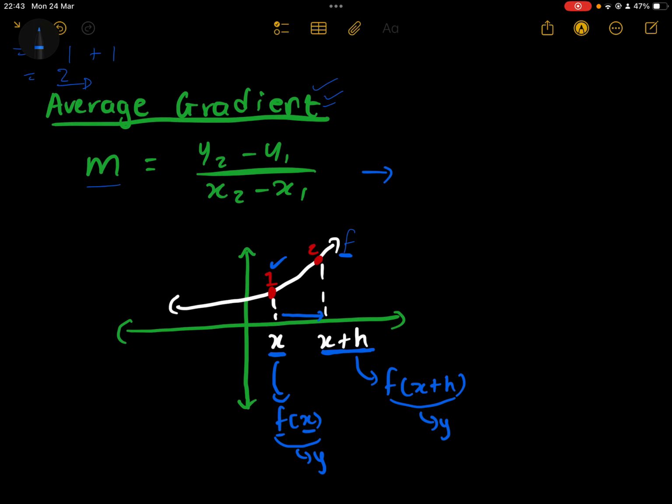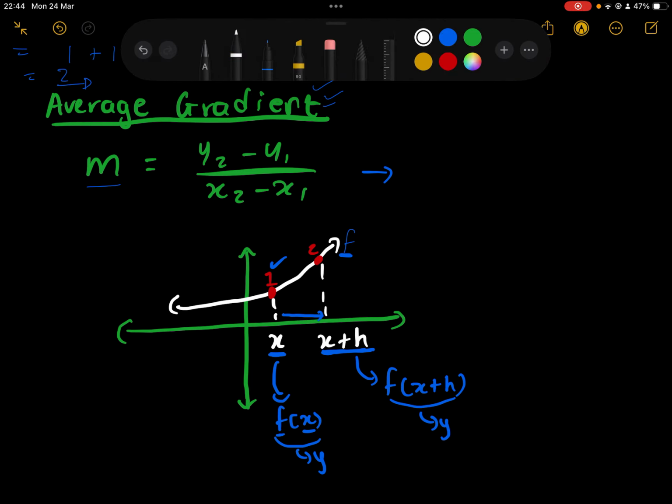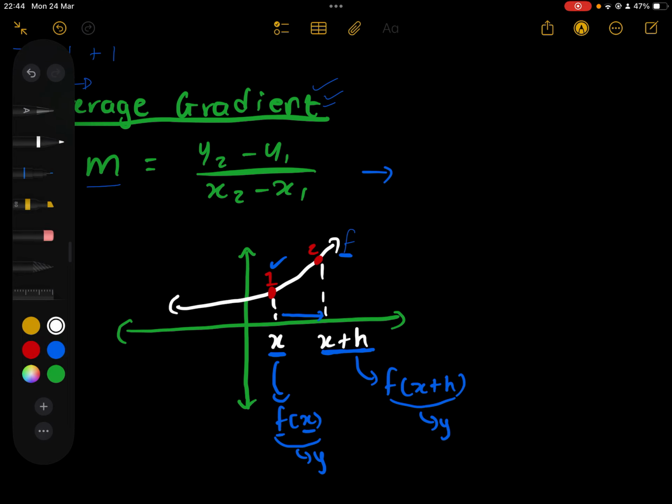Instead of writing it like this, we're going to say the average gradient. Listen. The average gradient is going to be f of x plus h, which is the y, minus f at x, all over what?